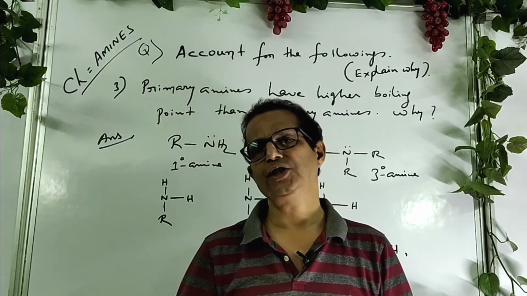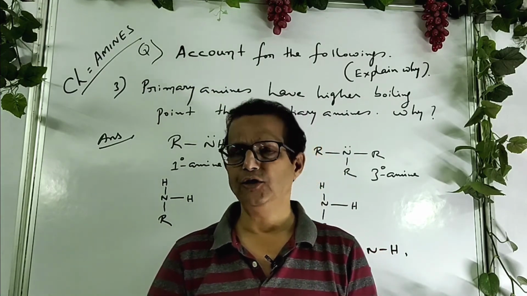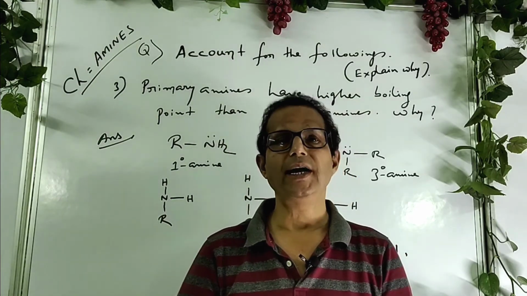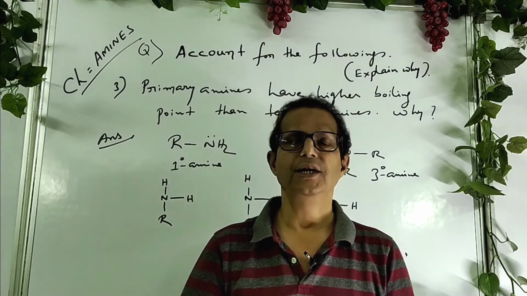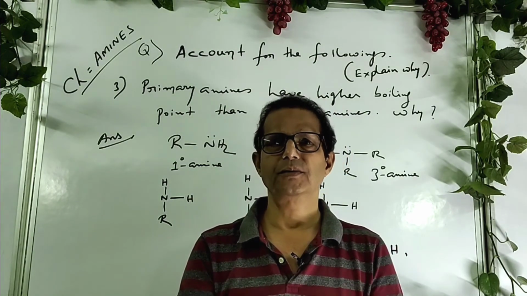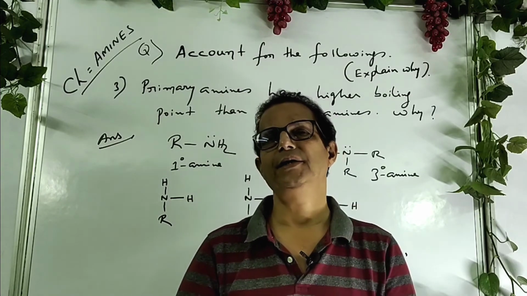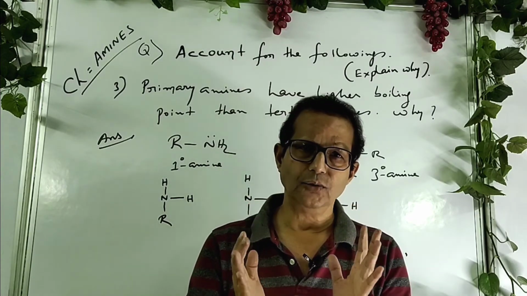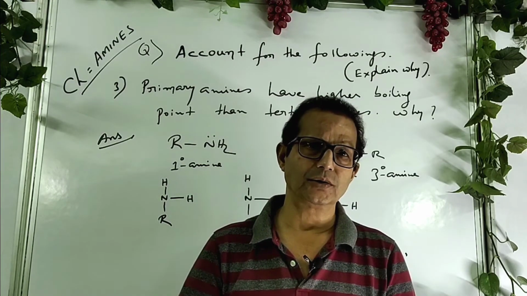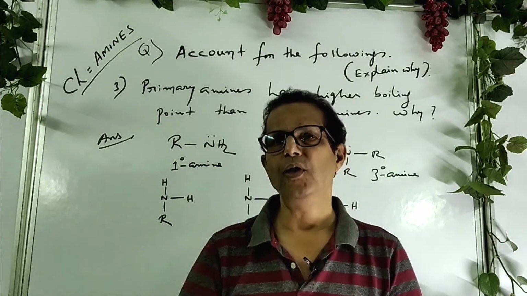This type of association is called intermolecular hydrogen bonding. And if intermolecular hydrogen bonding takes place, to break the associated molecules, more temperature is required. Hence, we can conclude that that type of compounds have higher boiling point.